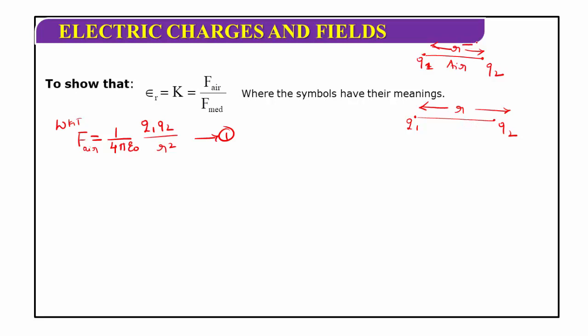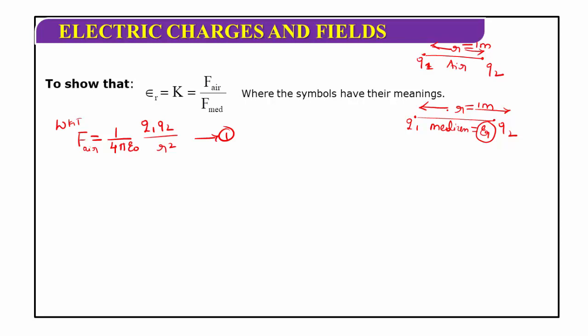Here we have considered r equal to 1 meter, so here also r must be 1 meter. But this time it is in a medium of dielectric constant epsilon r.